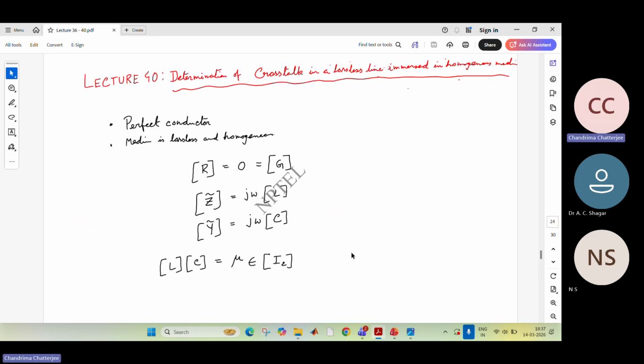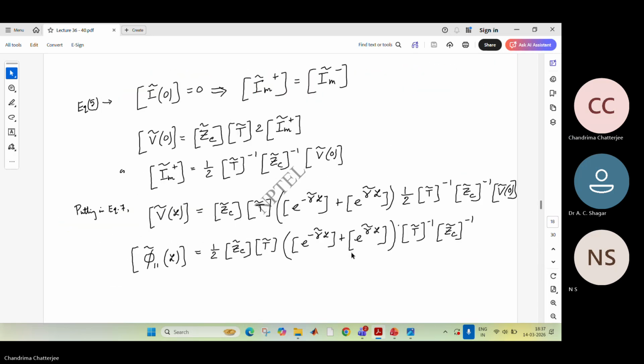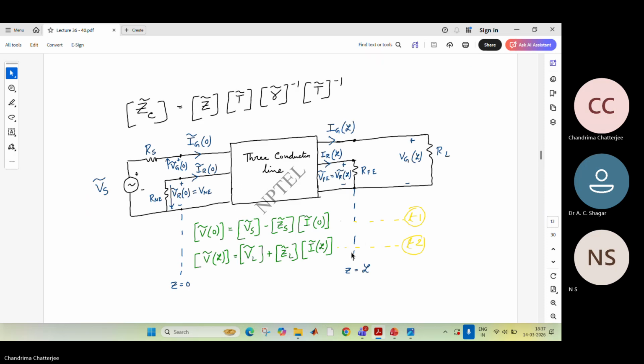This is the two port network, where this is the source side and this is the load side, and here the various currents and voltages are shown. This is Vs, this is Ig, the generator current, then this is the receptor current, this is IG0, this is IR0, this is IGL, this is IRL, and at the output we have VGL.